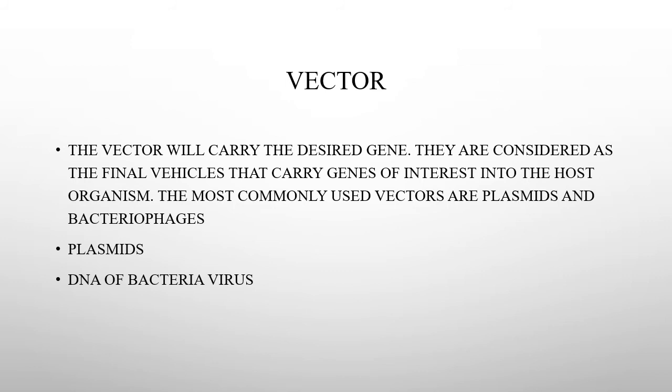The recombinant DNA replicates and many copies of the virus are formed, and each virus in a bacteriophage clone contains a copy of the gene of choice, and from that copy we can isolate the gene.